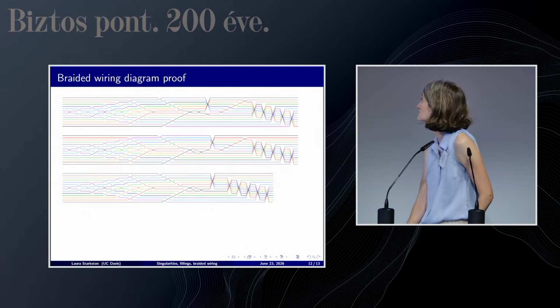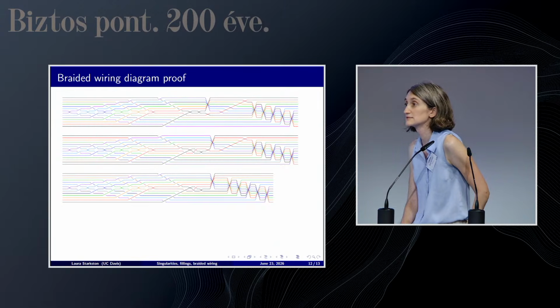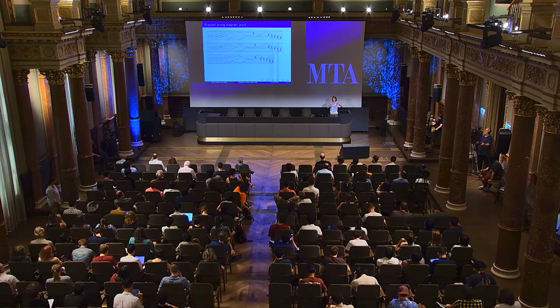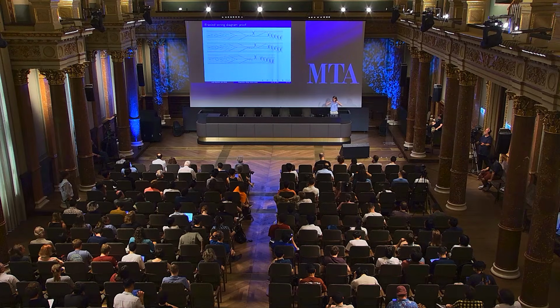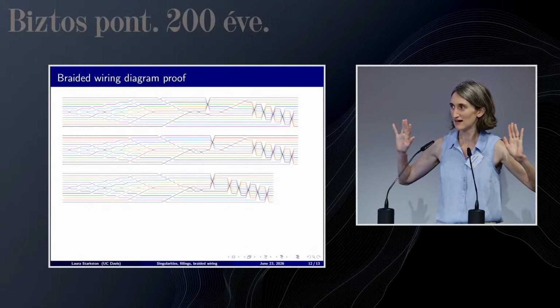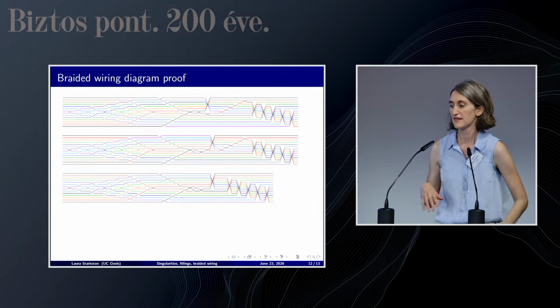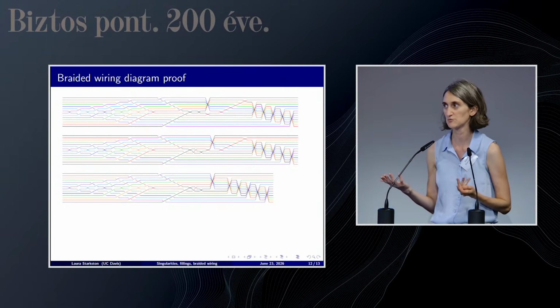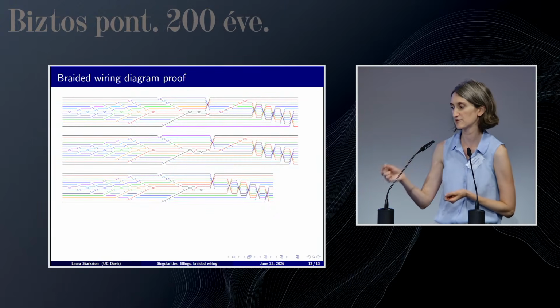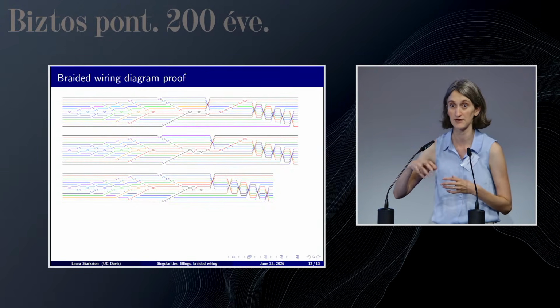Now you see this braided wiring diagram, and how do you see that this one is unexpected? That this one is not coming from a Milnor fiber? Oh yeah, so what we do here is a basic Euler characteristic calculation. If you take this and turn it into a nearly Lefschetz fibration, then you can figure out that this is a rational homology ball by counting the number of intersection points versus the number of strands and branch points.